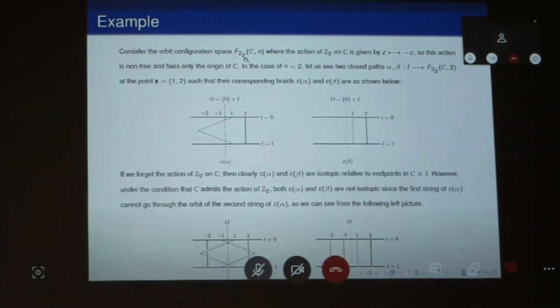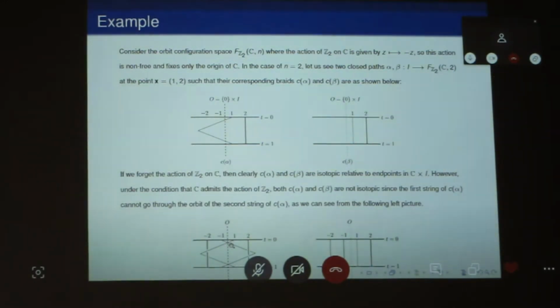But in our case, the space has the Z2 action. For each string, there are the orbits. If we look at the orbits, there are some crossings of the first string with the orbit of the second string.